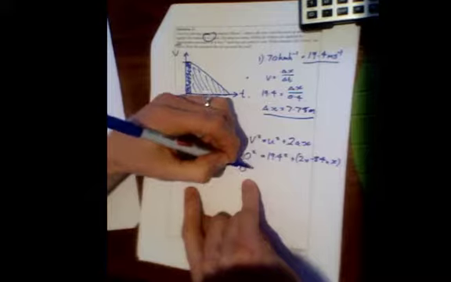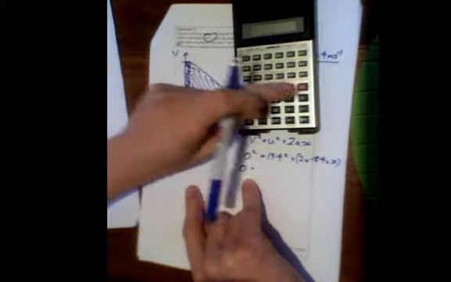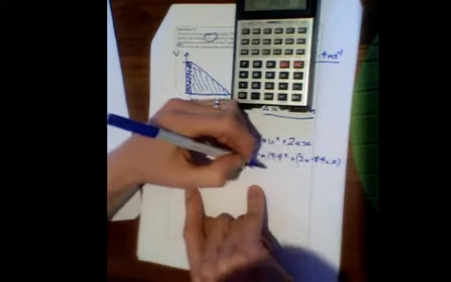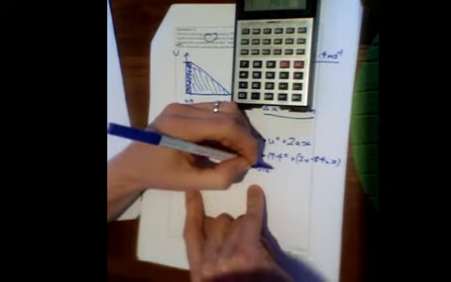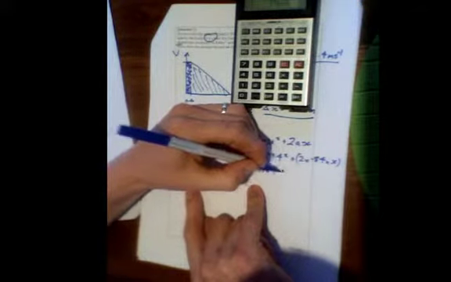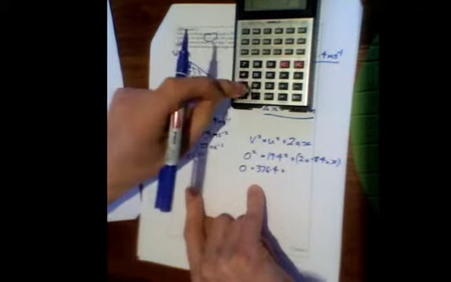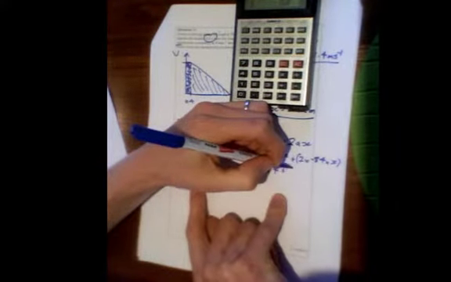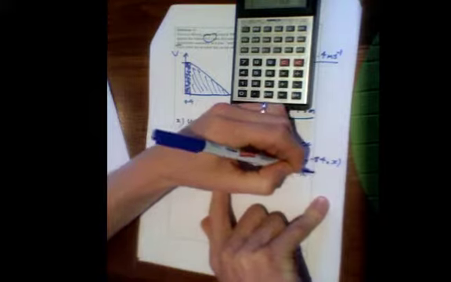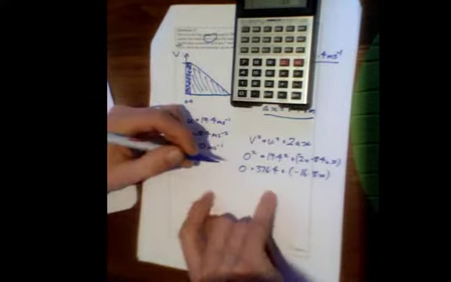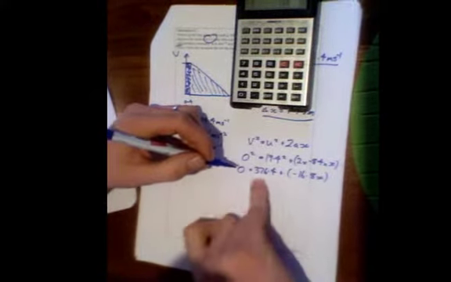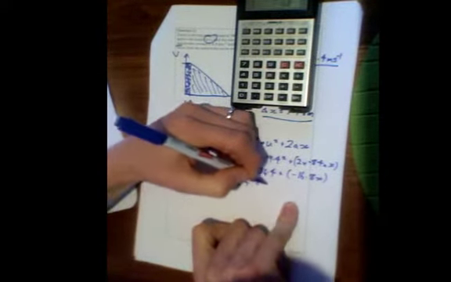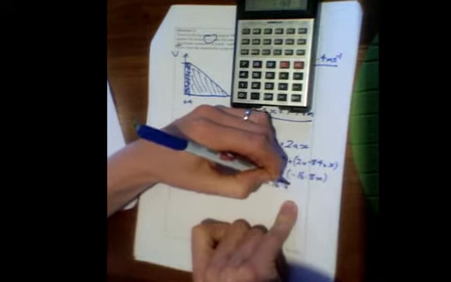0 squared is 0. 19.4 squared is 376.4, plus 2 times minus 8.4, which is minus 16.8x. Okay, we subtract 376.4 from both sides, gives us minus 376.4 equals minus 16.8x.